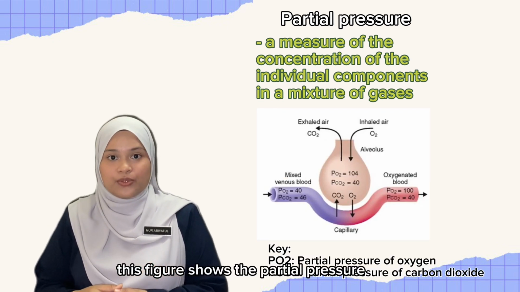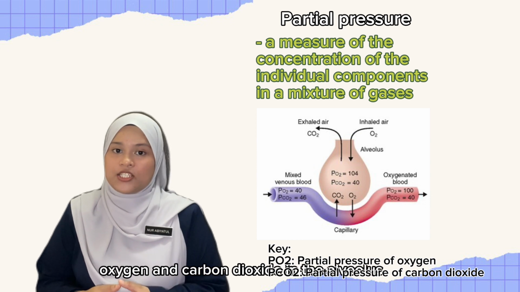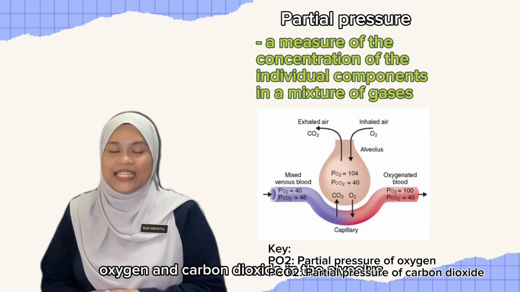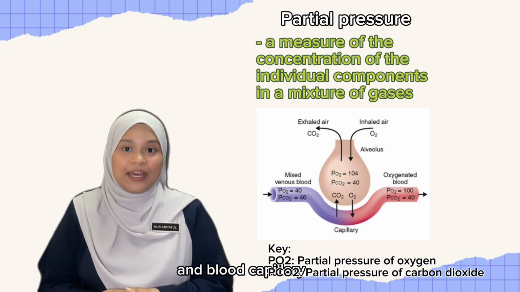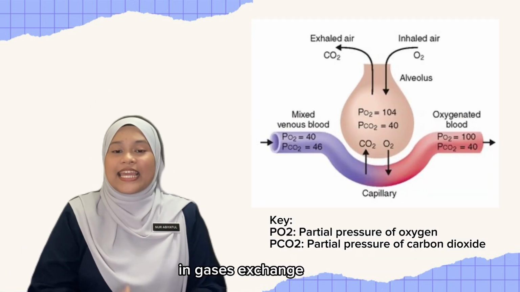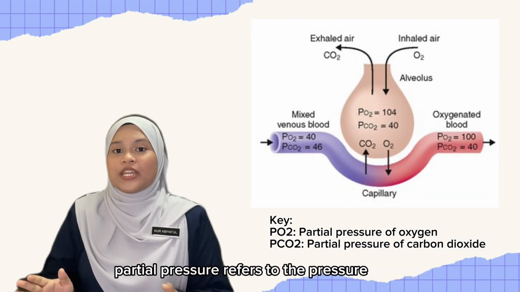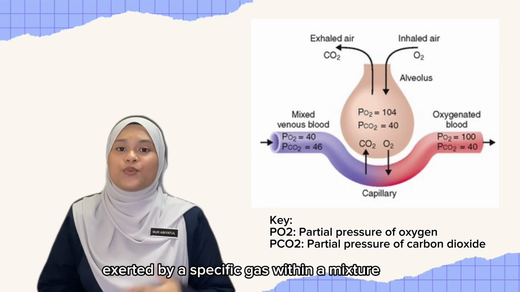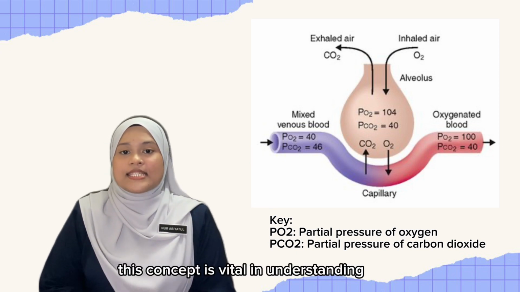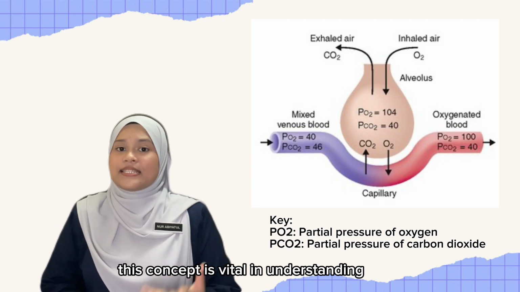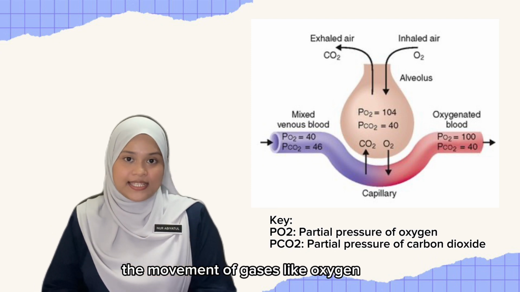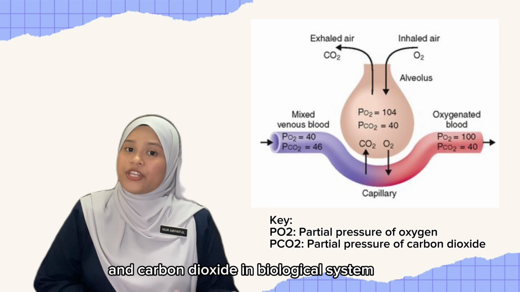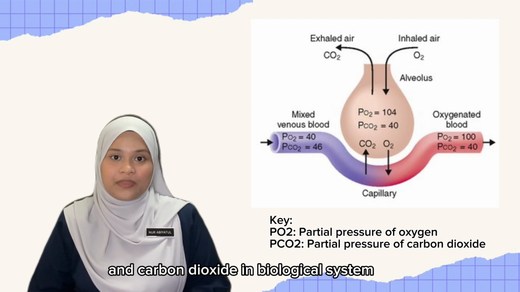This figure shows the partial pressure of oxygen and carbon dioxide in the alveolus and blood capillary. In gaseous exchange, partial pressure refers to the pressure exerted by a specific gas within a mixture. This concept is vital in understanding the movement of gases like oxygen and carbon dioxide in biological systems.